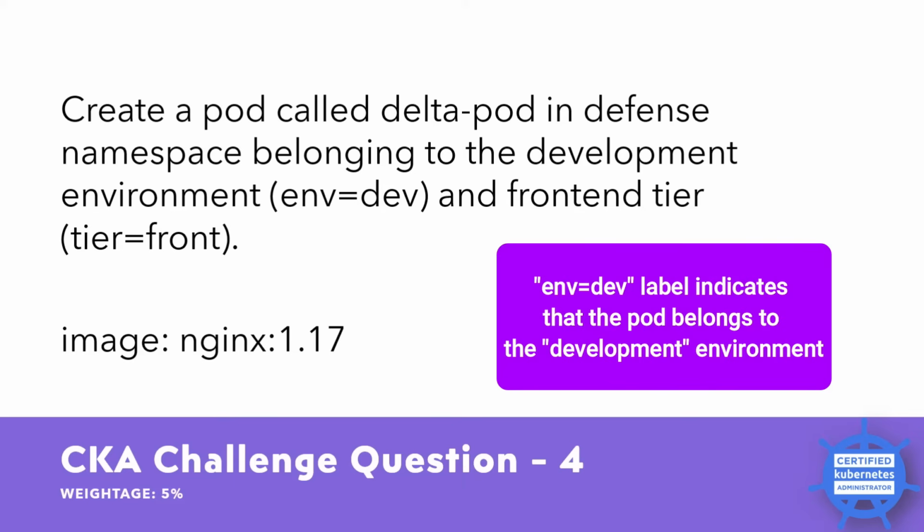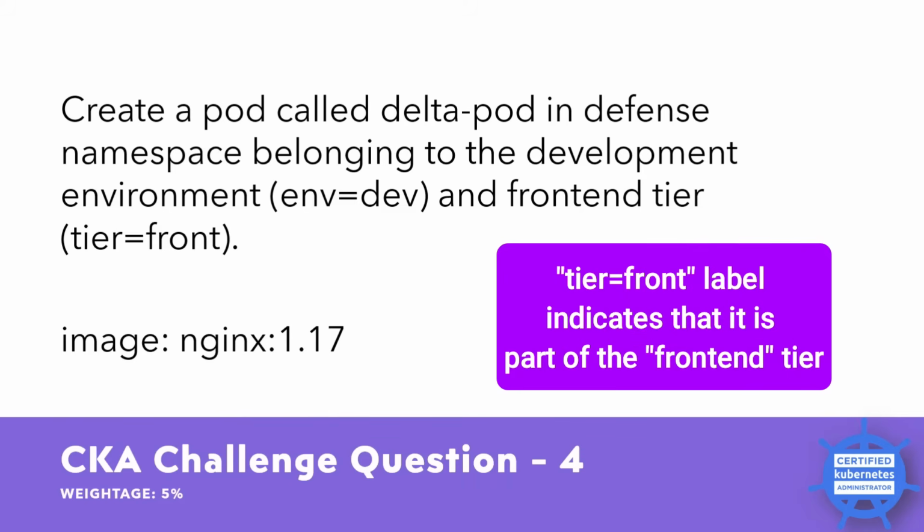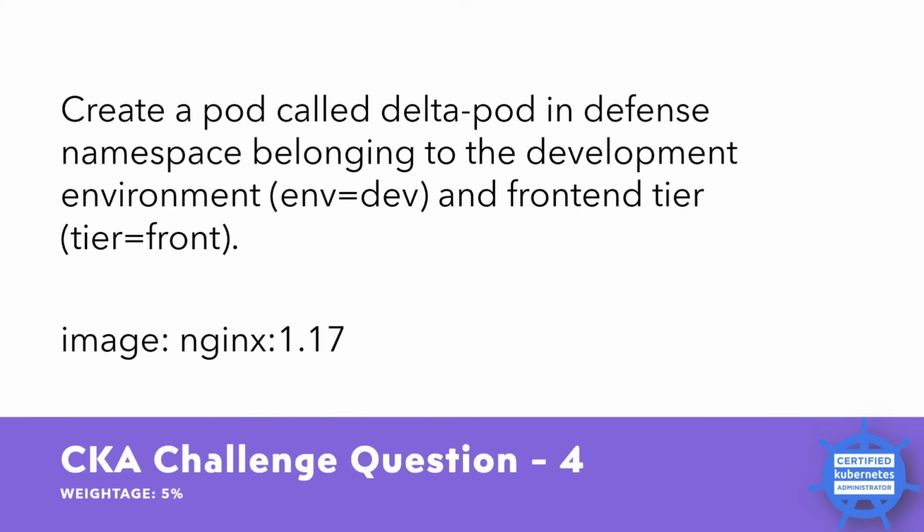The label env=dev indicates that the pod belongs to the development environment, while the label tier=front indicates that it is part of the front-end tier. These labels can be used later to filter and select specific pods based on their attributes.